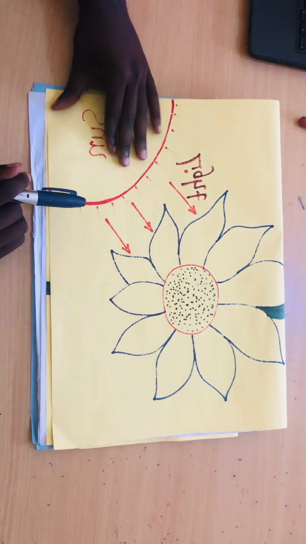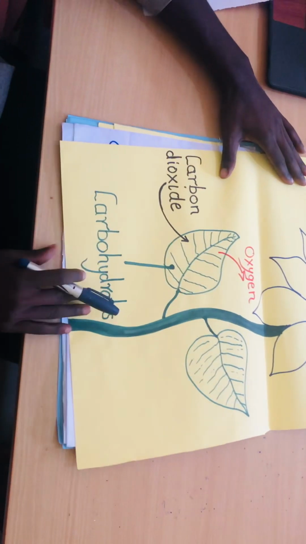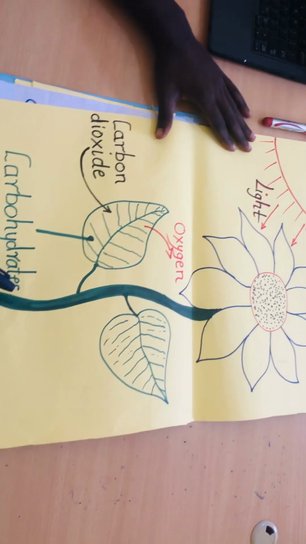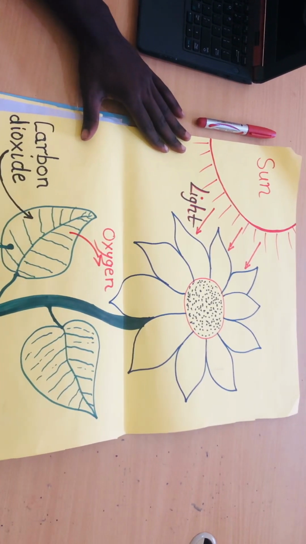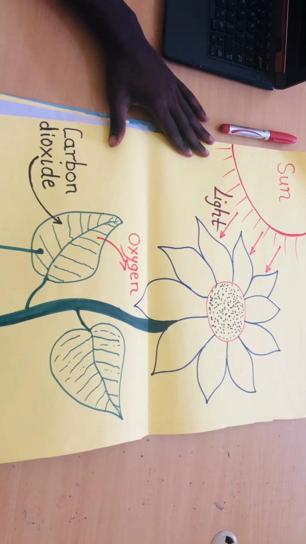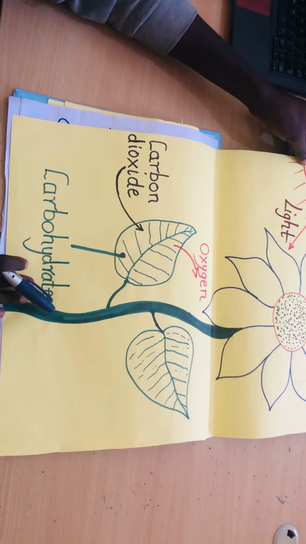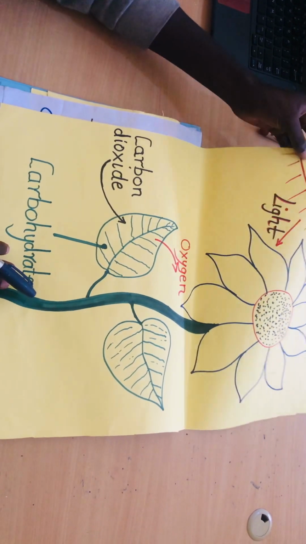So, starting by application number one, which is photosynthesis process. Photosynthesis is the process by which plants make their own food. This process requires raw materials.